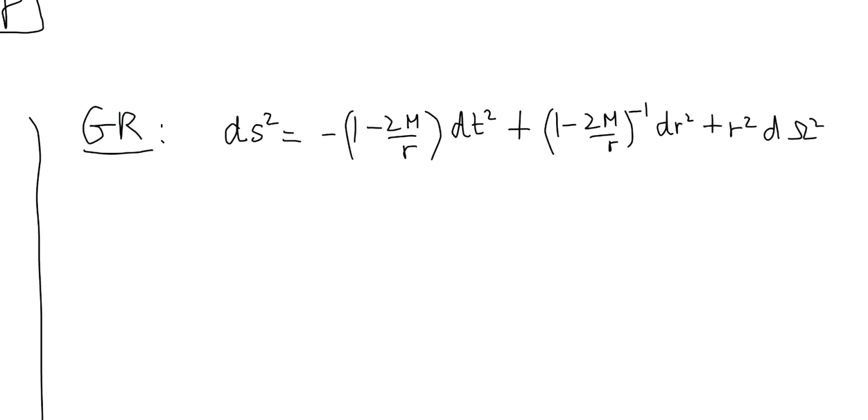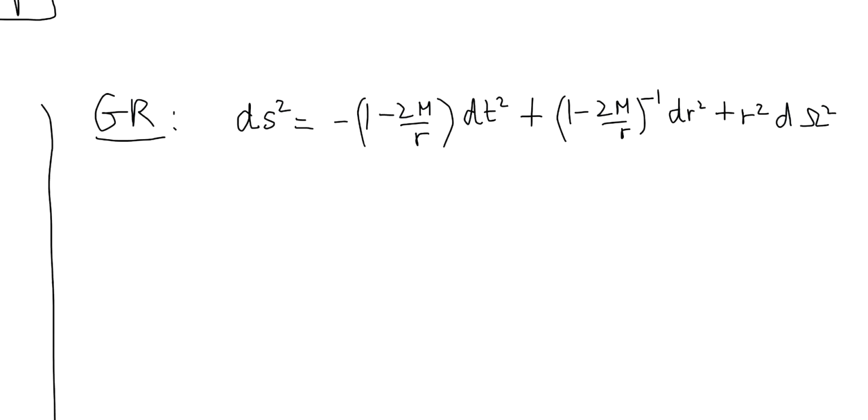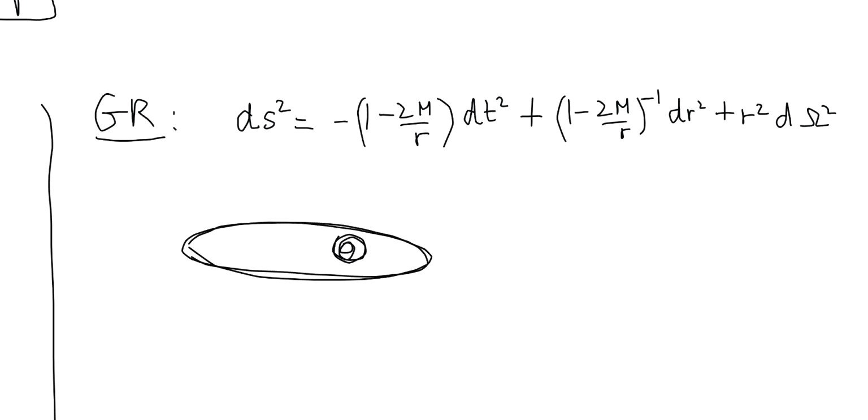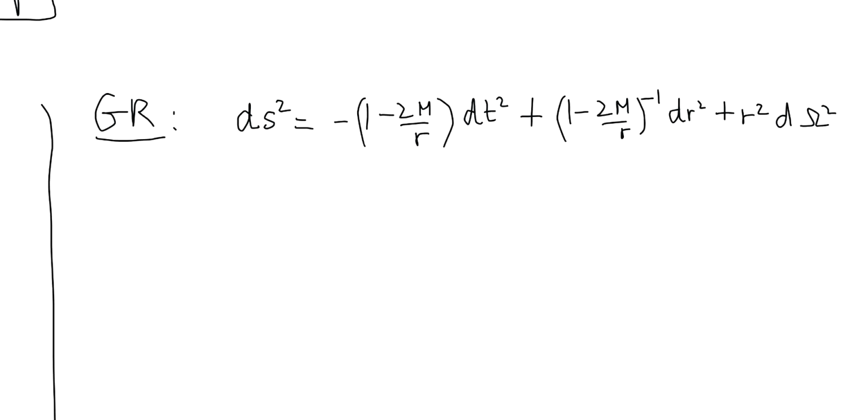All right. First thing we can say is that an orbit is always somehow in a plane. If this is the sun and this is the orbit of the Earth, an orbit will always be in a plane. This is a consequence of mechanics. And so we can choose the equatorial plane, theta equals pi over 2. So d theta will be 0 and d omega will be 0.